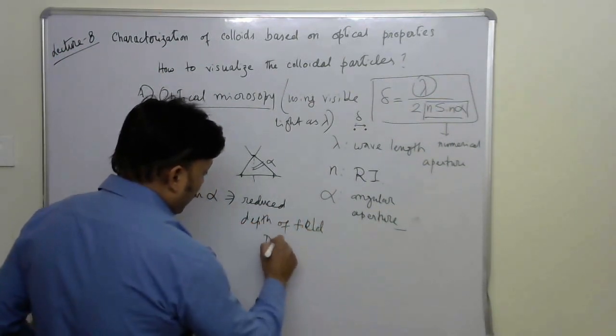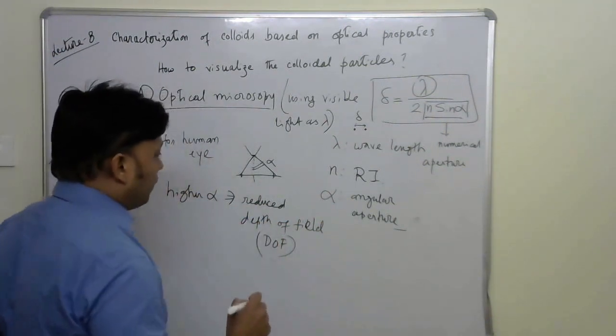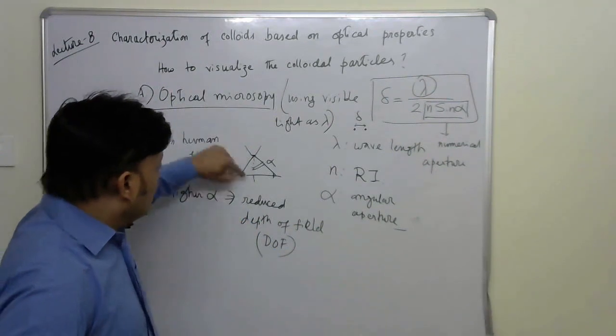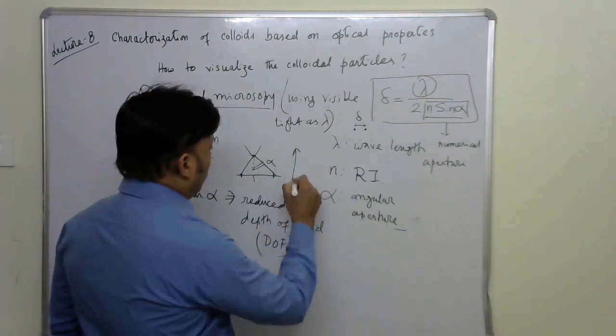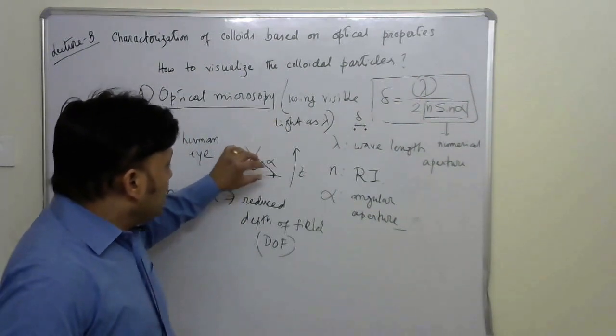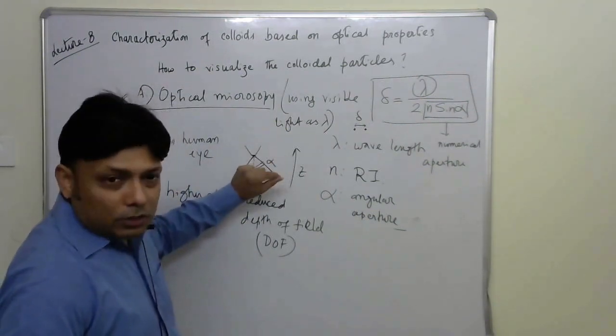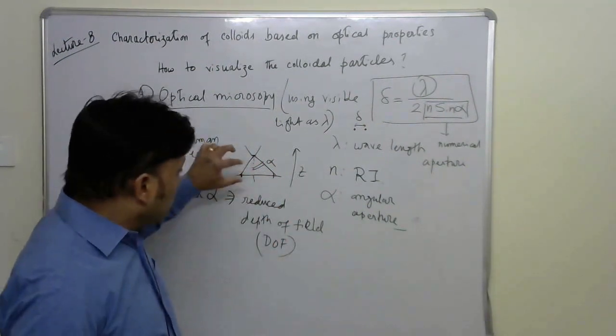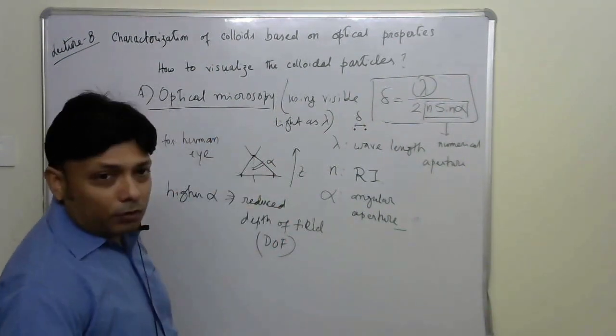We call this DOF, depth of field. Depth of field means, whenever we are talking about this vertical distance, if we call this distance the Z direction, how much of the field is in focus in the Z direction. So if you increase the alpha too much, this depth of field gets reduced.